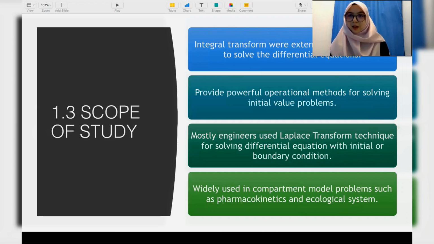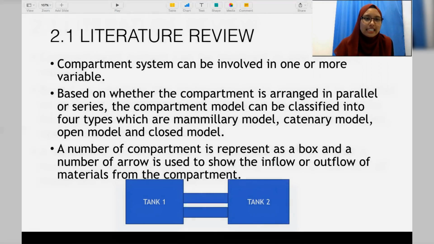And now, in this current era, most engineers use Laplace transform in order to solve differential equation with initial or boundary condition. And lastly, it is widely used in compartment model problems such as pharmacokinetics and ecological system.